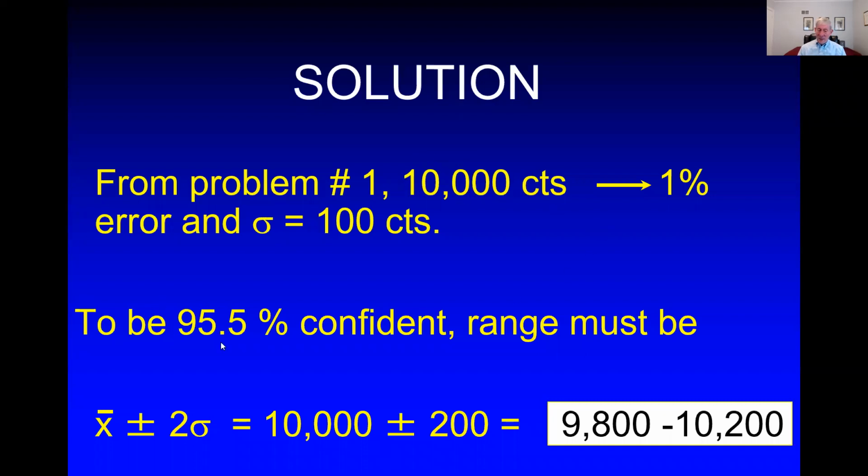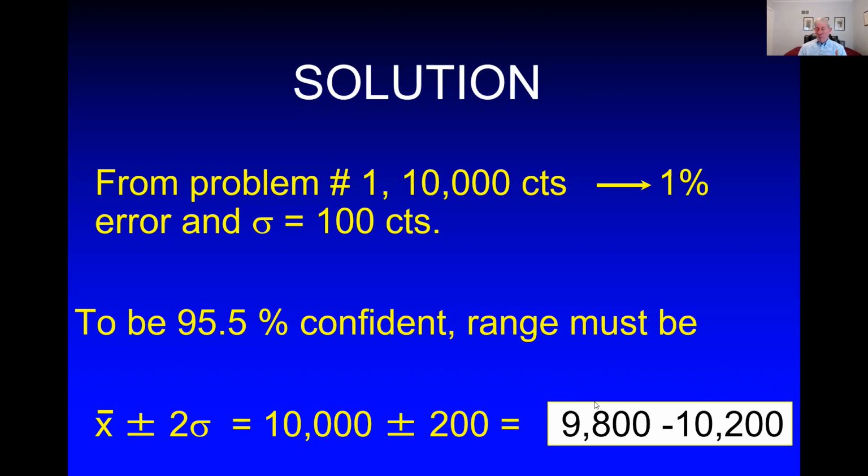So to be 95.5% confident, we're going to take the mean value of our count rate, that's 10,000, and add plus or minus 2 sigma. And so 100 counts would be 1 sigma, 200 counts would be 2 sigma. And so if we take 10,000 counts plus or minus 2 sigma, that will give us 9,800 to 10,200.